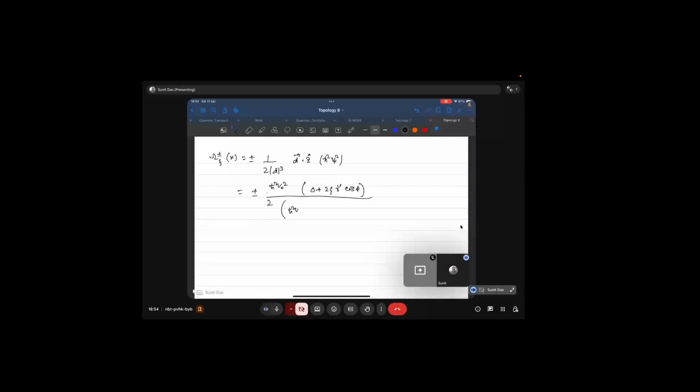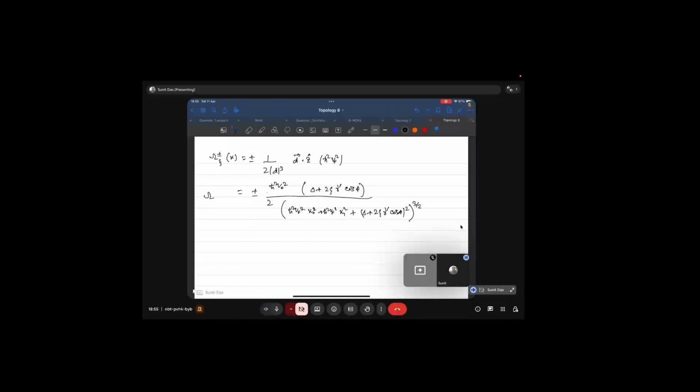h bar square vf square kx square plus h bar square vf square ky square plus dz square, right? So delta plus 2 xi gamma prime cos phi whole square, and then 3 by 2, right? So mod d means there will be root half, and then it's cubed.